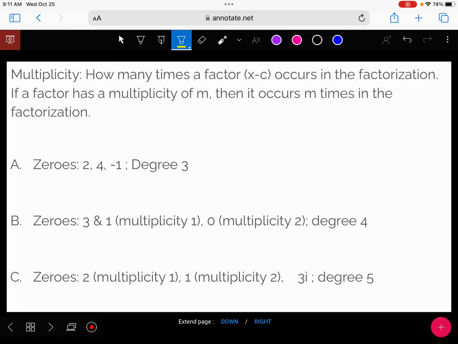So what we're going to do on these 3 examples here is we are going to write in factored form an equation that has these pieces.